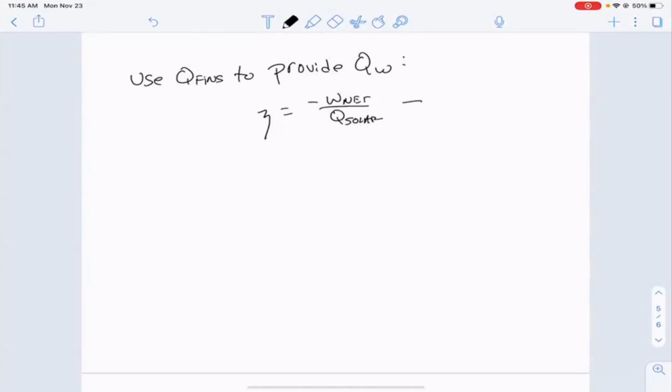And if we do that, the efficiency becomes equal to 0.19. So 19%. So that would increase the system efficiency by 1%.